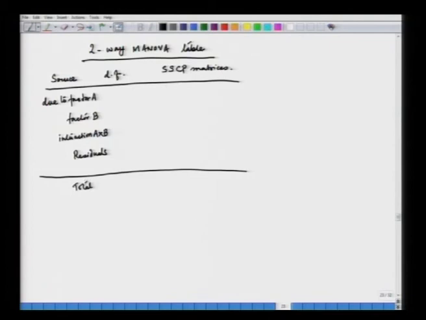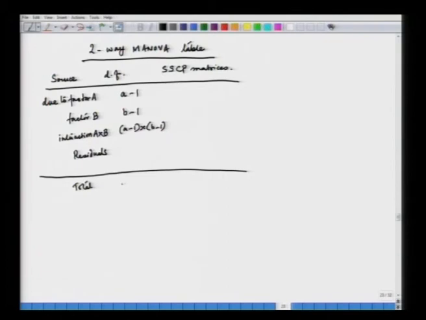the corrected total. The degrees of freedom: because we have the first constraint that sum of alpha i is equal to 0, I have a loss of 1 degree of freedom here, giving me A minus 1. Similarly, for factor B, I have a loss of 1 degree of freedom. So, this interaction has degrees of freedom A minus 1 times B minus 1, the product of these 2 degrees of freedom.